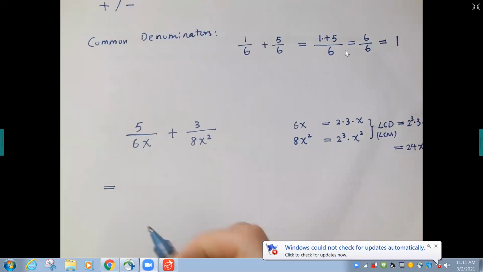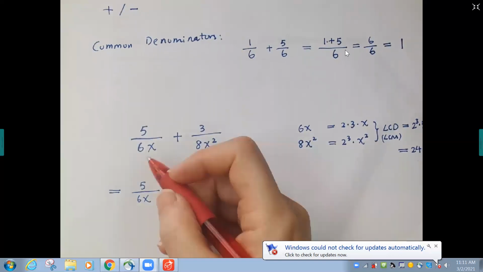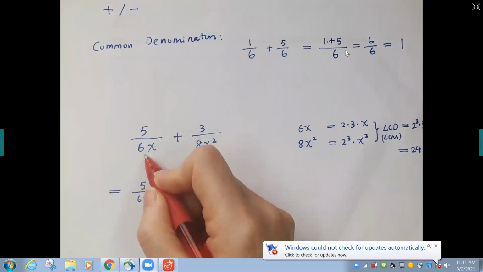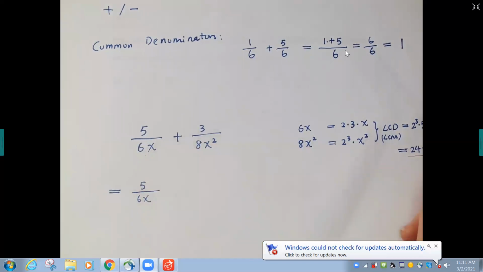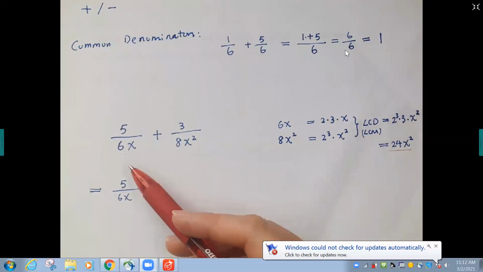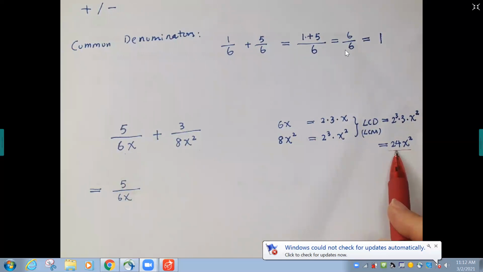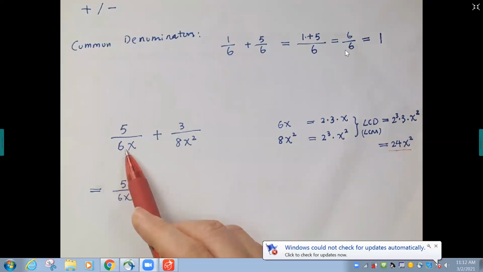So write down the original rational expression, then compare the original denominator with the LCM. What factor do I have to multiply to get the LCM?